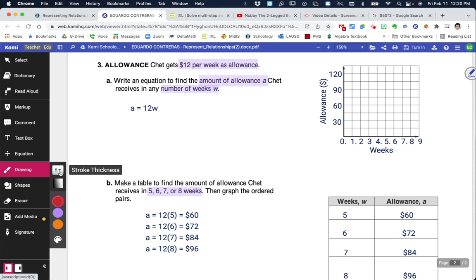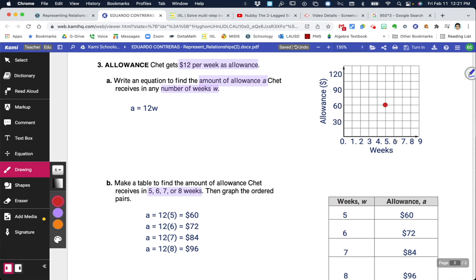Pick a color you like. Let's make some dots. Our first dot has to be at week 5, and we have to go up to 60. So right there, where 5 and 60 meet, we'll put a dot. So put a dot there, okay?